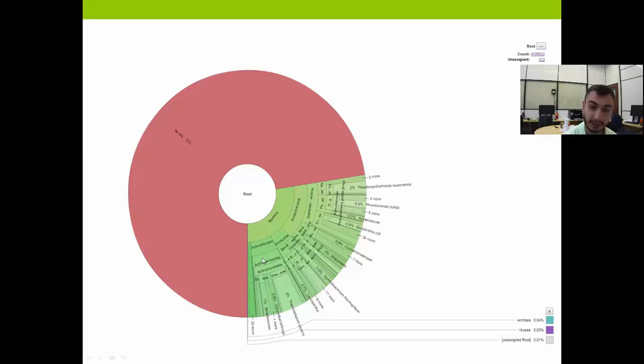But I call your attention to the viral sequences that Kraken identified: 0.03%, which is 1,230 sequences out of 4 million. It's very few. What are you going to do with 1,000 sequences from an environmental sample? This is the problem we are facing.